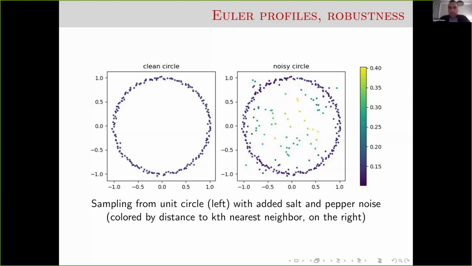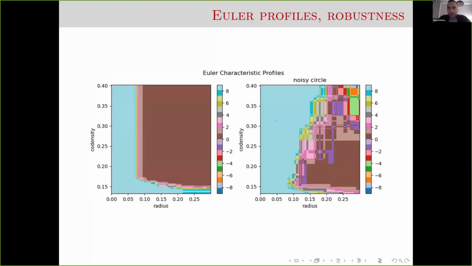In a high density region of your point cloud, the distance to the k-th nearest neighbor will be small. Your neighbors are close. You are in a high density region, so those points will enter quickly. But the points in the middle will enter pretty late because this is the low density noise. So I have those two cases, and here are the corresponding Euler characteristic profiles.